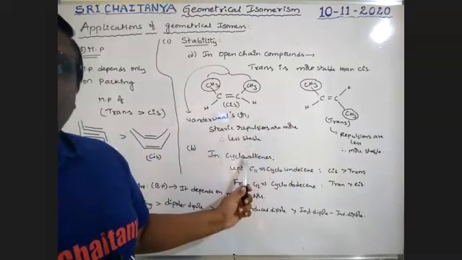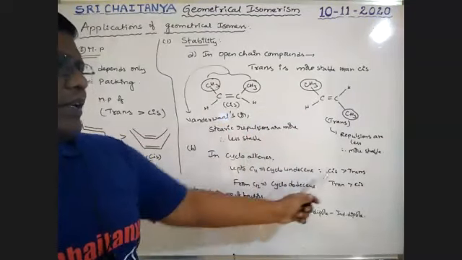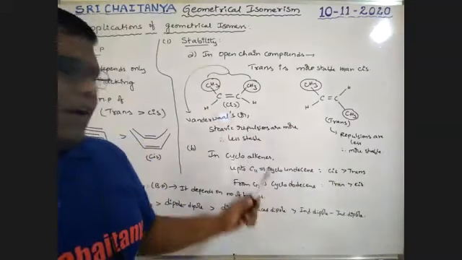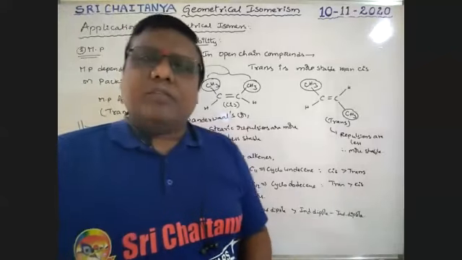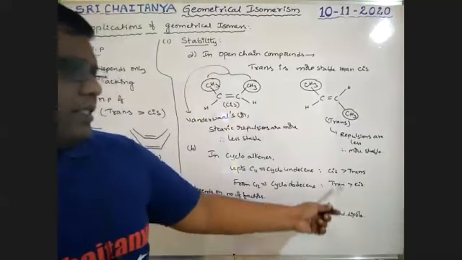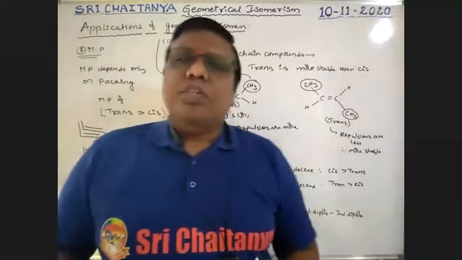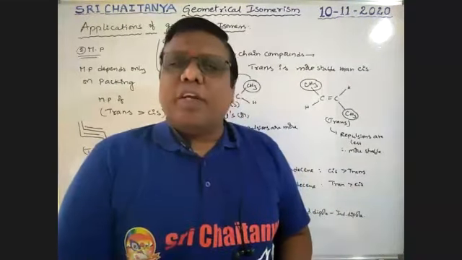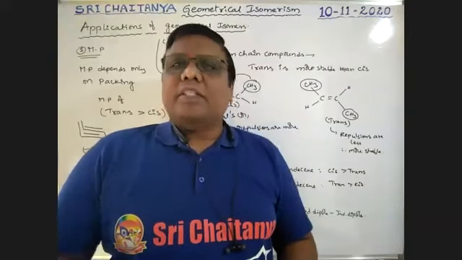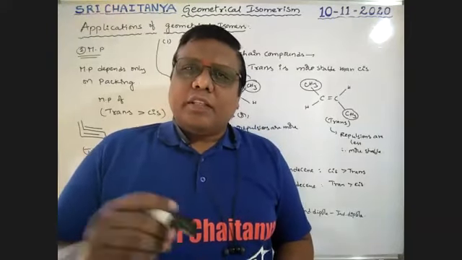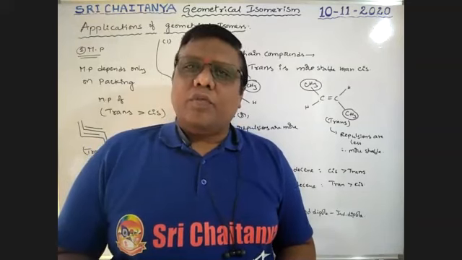In case of cycloalkenes up to C11, cis is more stable than trans. From C12 in cyclic condition, trans is more stable than cis. So this is about stability of the compounds. Our cis trans isomerism clearly explains the stability of compounds.